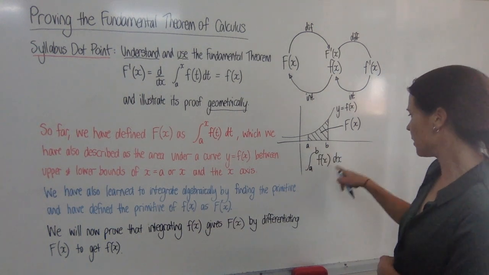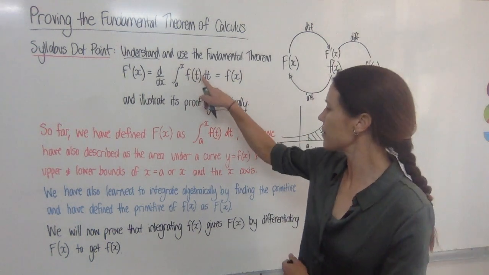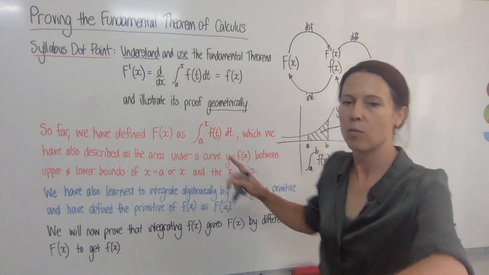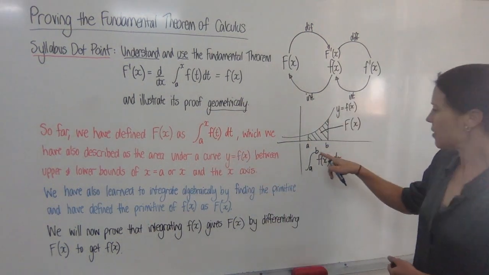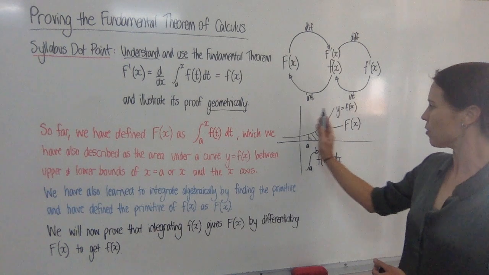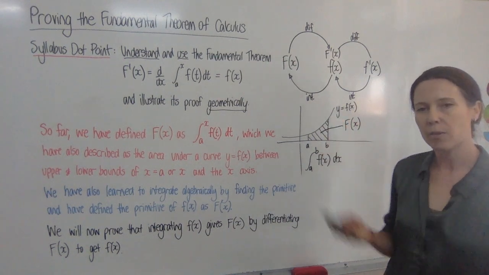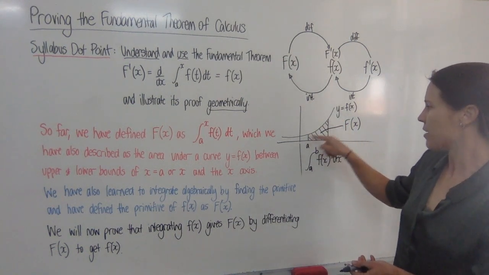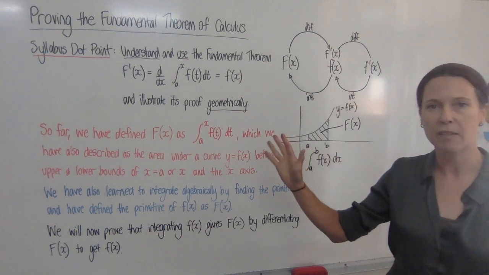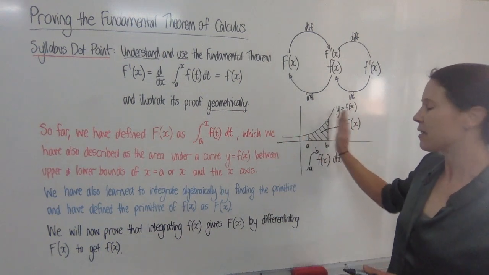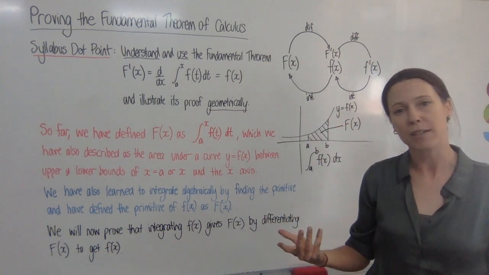Now, this looks a little bit different from this and this. Why is that? Well, we've seen that we want to be able to move this upper bound so that we can say, hey, let's find the area underneath this curve between the lower bound and something that I can move or change.